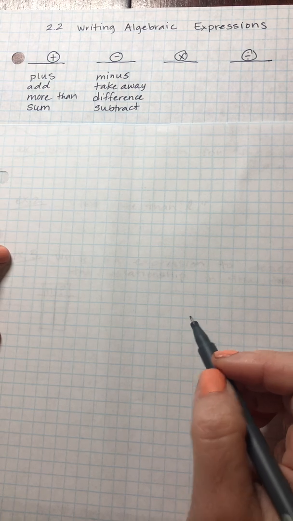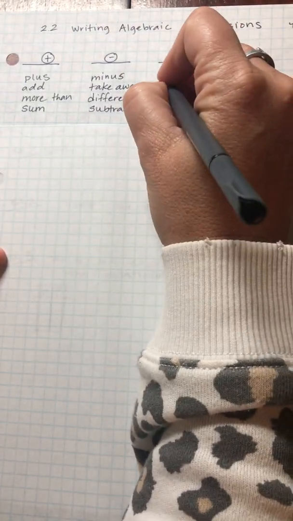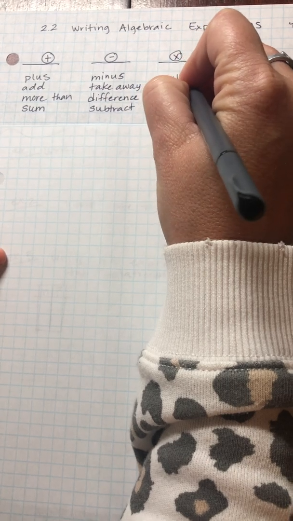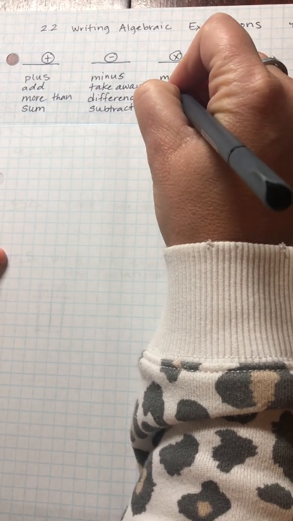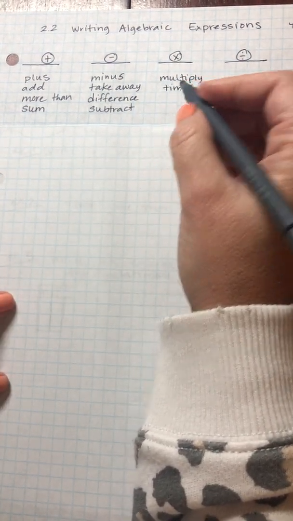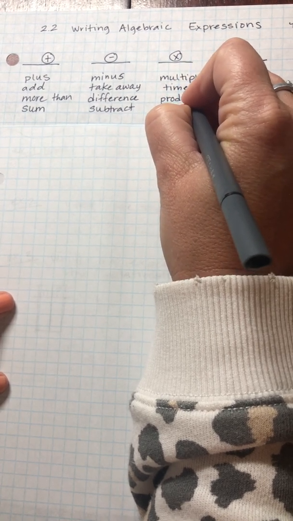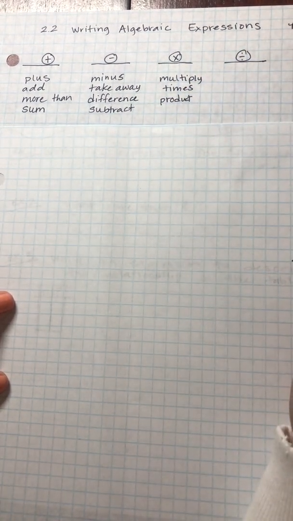And then for multiplication, words that mean multiply. Multiply. Times. Right? If you have 2 times more than me, then you would double what I have. And then product. Product means multiply.